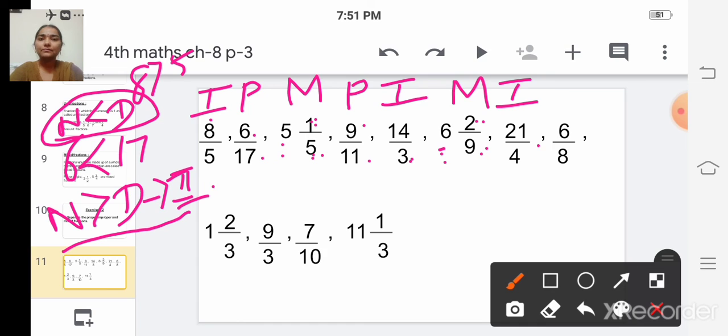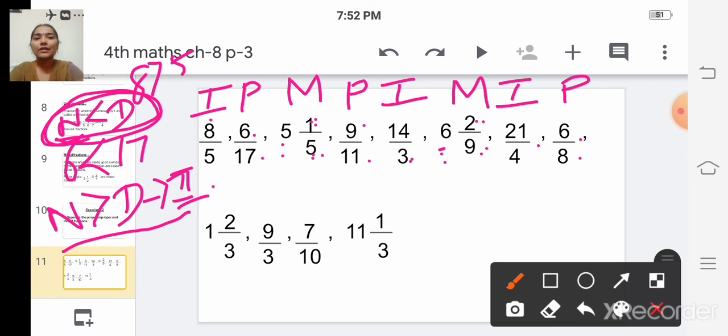And look at the next fraction, 6 by 8. 6 is less than 8. So the numerator is less than denominator. That means it is a proper fraction. So I can write here P. P means proper fraction.